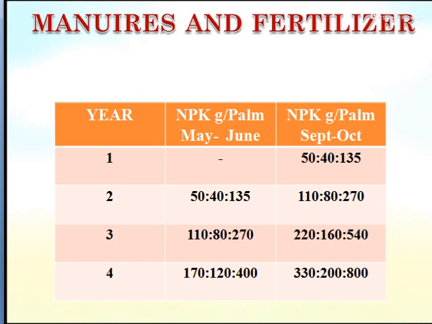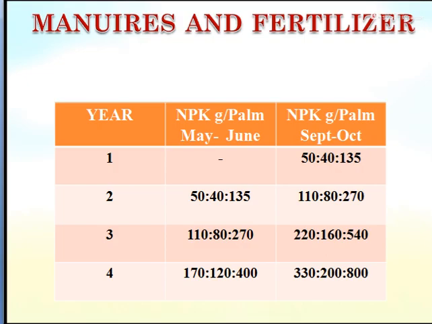For the fourth year of planting, 170, 120 and 400 gram of NPK per palm per year in May-June, and the second dose 330, 200 and 800 gram NPK per palm per year in September, and also onwards.